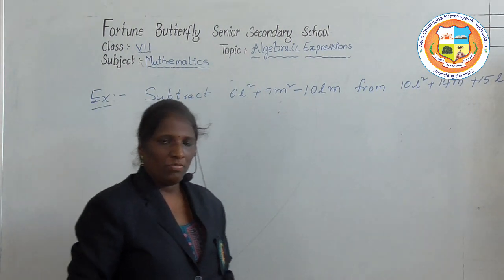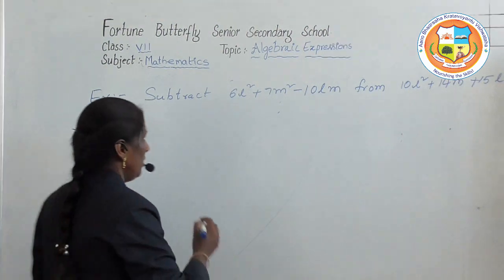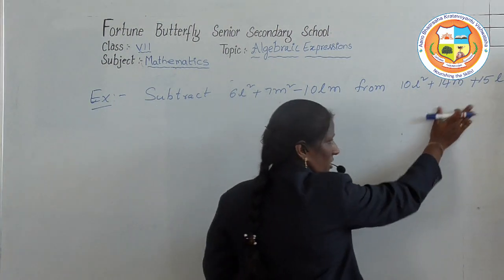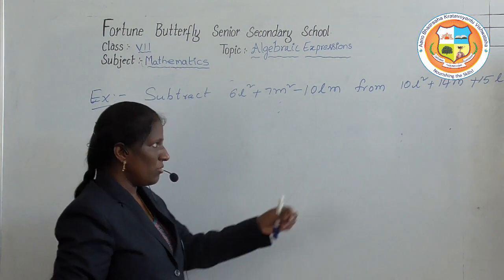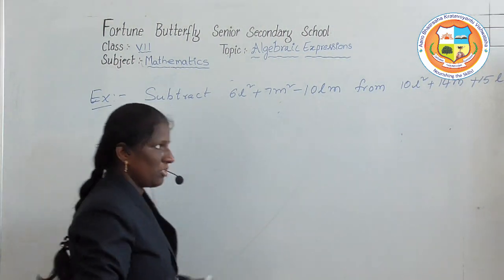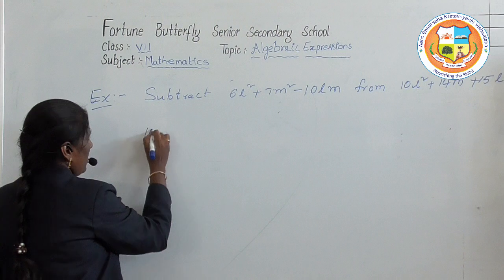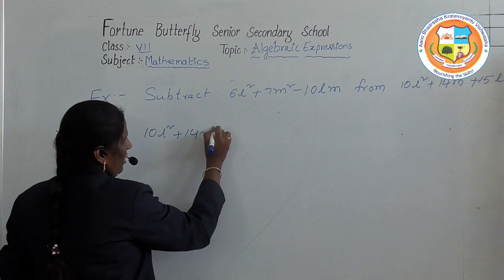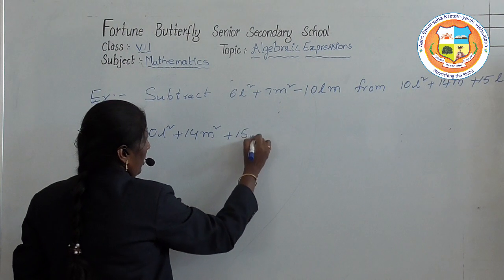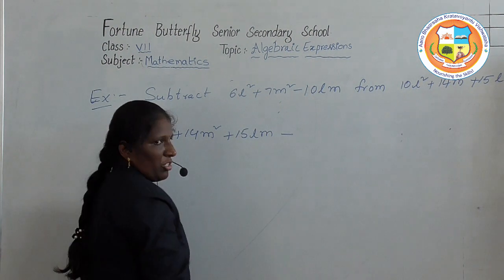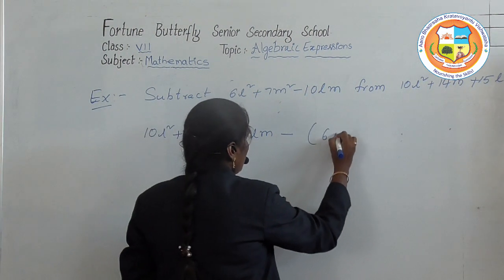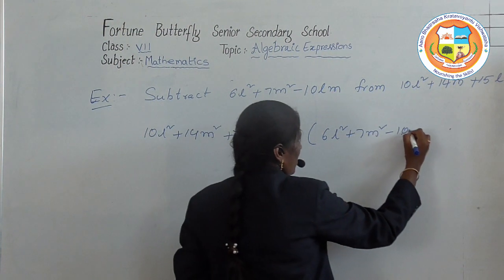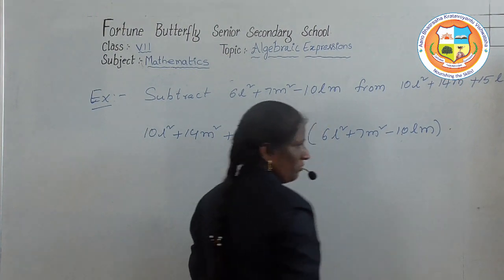First, use the horizontal method. This is the first expression, this is the second expression. In subtraction, you always subtract the second expression from the first expression. So the first expression is 10l^2 + 14m^2 + 15lm. Subtract means minus. Now 6l^2 + 7m^2 - 10lm.